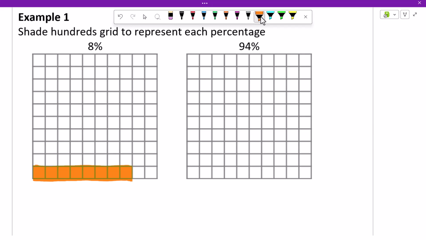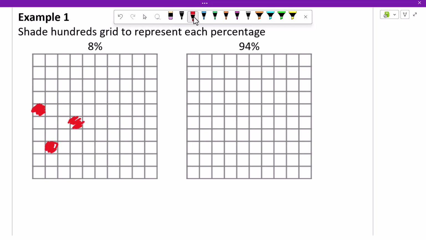Your 8 could look like what I have here. Your 8 could go maybe like this. Or I have some students who get cheeky sometimes and they want to go like this. They'll go 1 here and 1 here and 1 here.